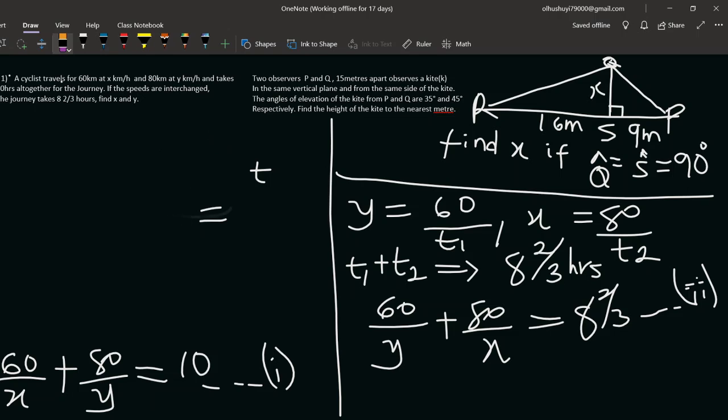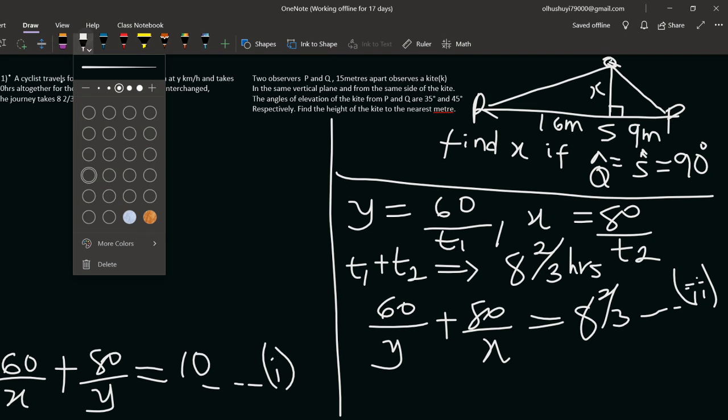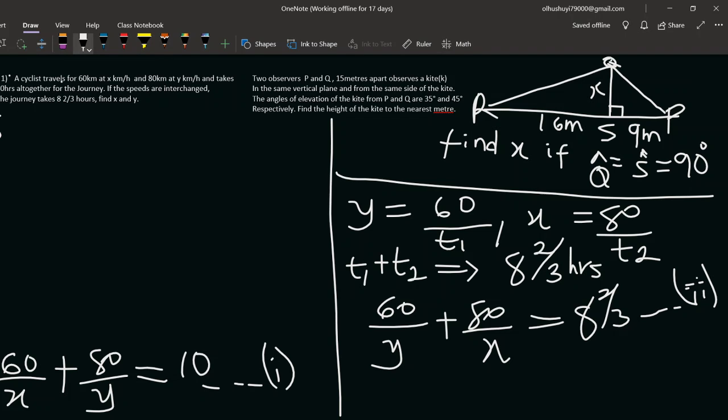So I can rewrite this as 60 times 1 over x plus 80 times 1 over y, which is equal to 10.